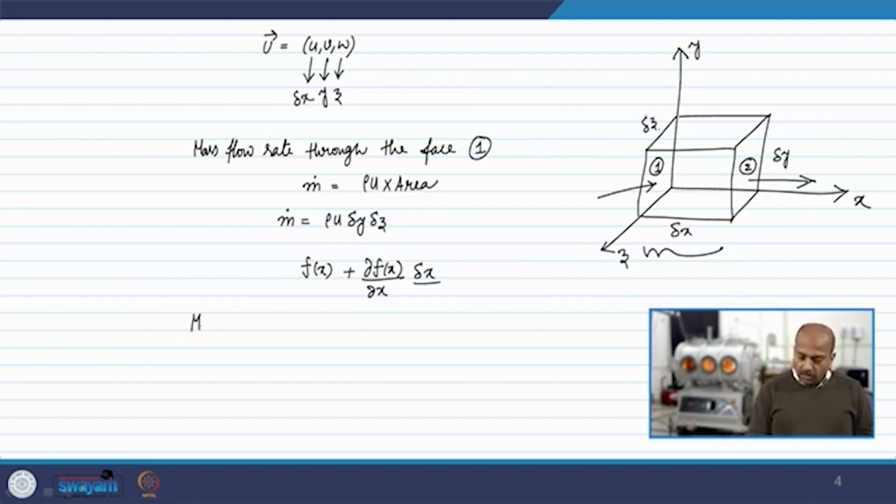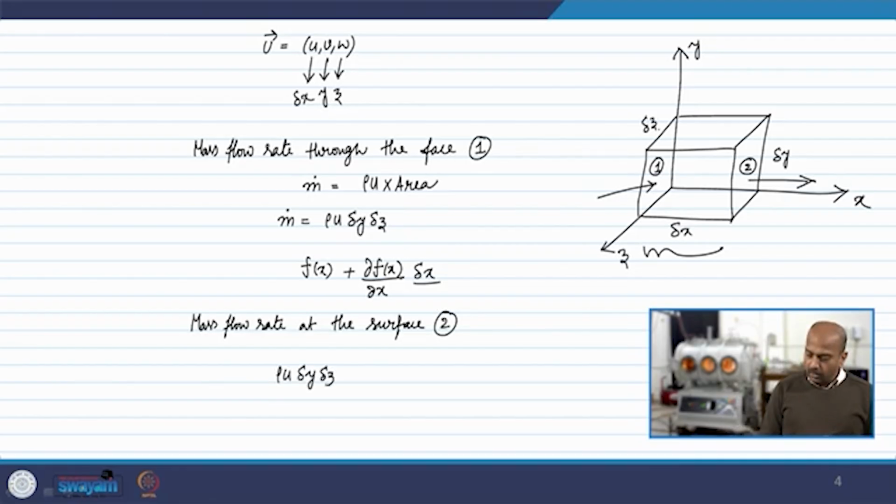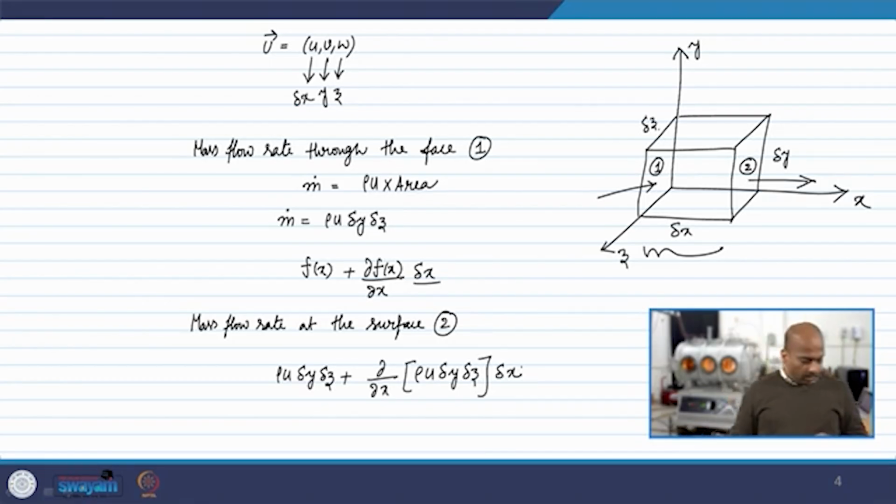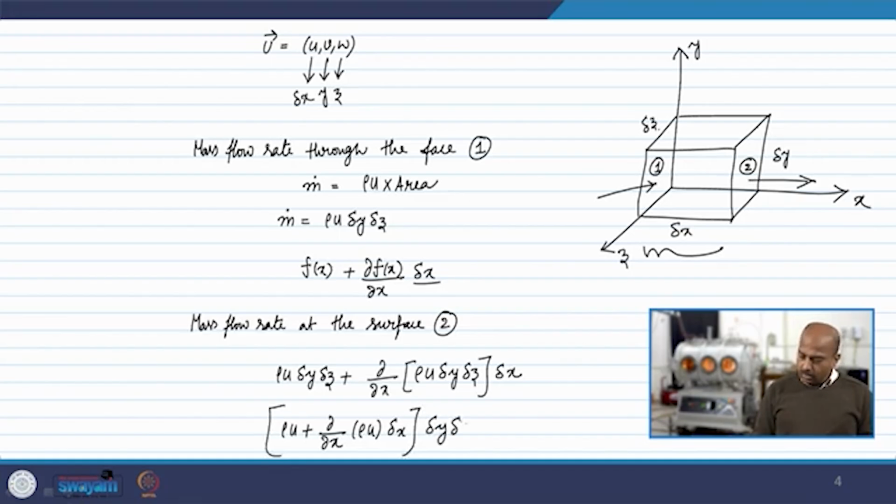So, now keeping that standard notation, we can write the mass flow rate at the surface 2 becomes rho u delta y delta z plus dou by dou x of rho u delta y delta z times delta x, or we can write it as rho u plus dou by dou x of rho u delta x, times delta y delta z.